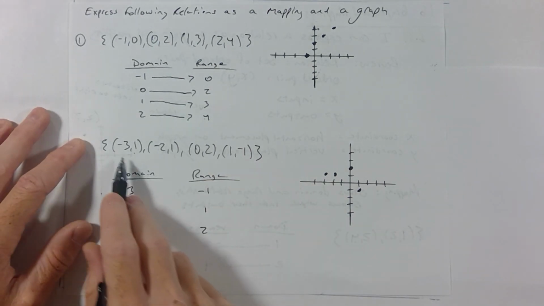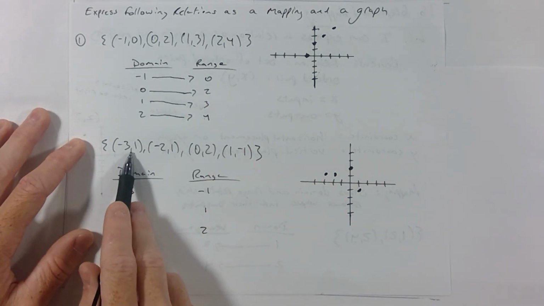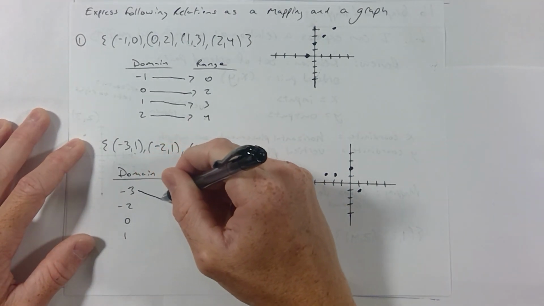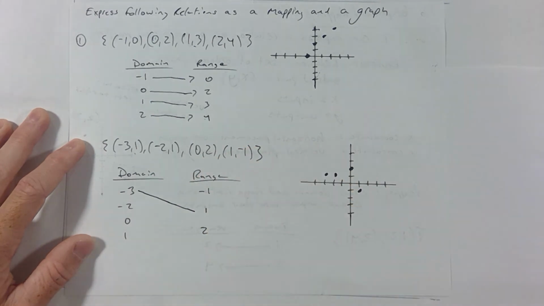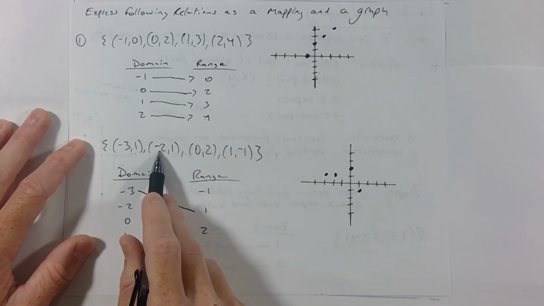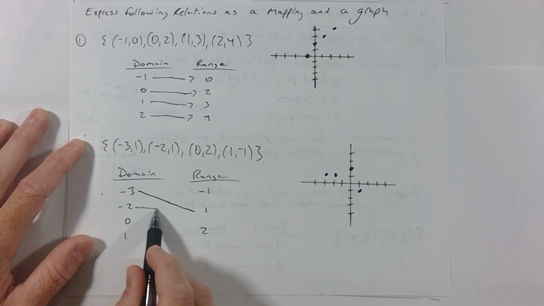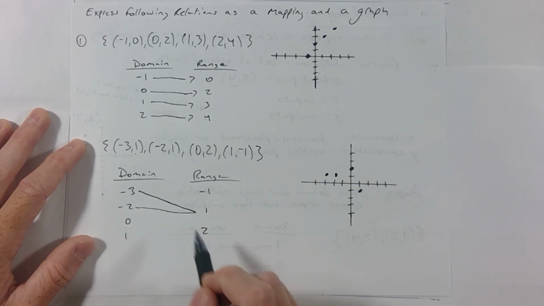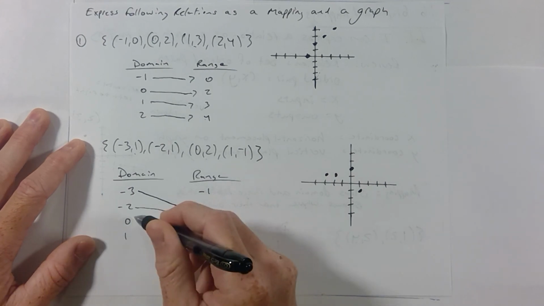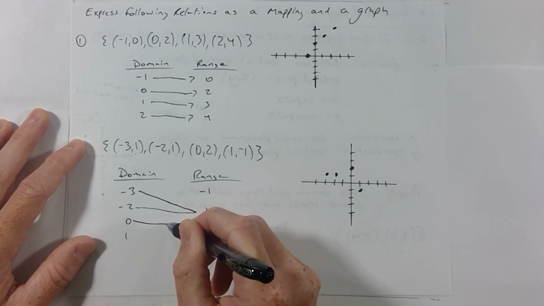So where does my -3 go? If I plug -3 in, I get 1. So input to output. So the -3 goes here, right? -2. Where does -2 go to? I plug in -2, I get 1. So that's going straight across. I plug in 0. 0 goes to 2, right? So dropping it down here.